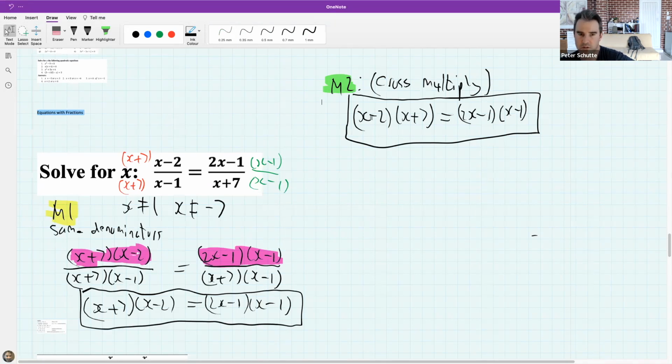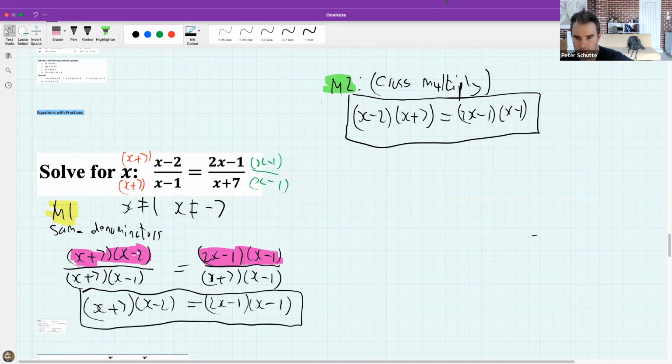Yeah, Jada, you need to multiply out or FOIL. Yeah, you need to multiply out these. So let's try and do that.